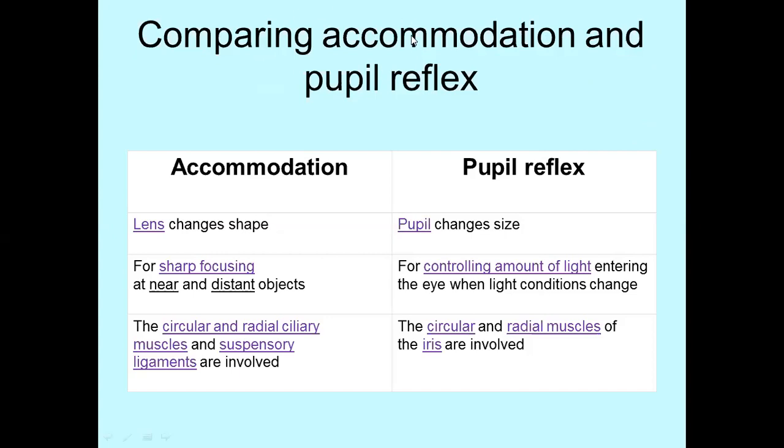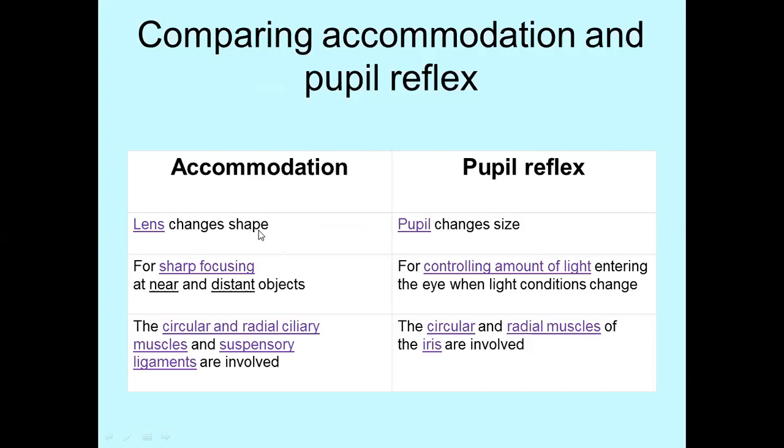There are always marks allocated for the heading. The heading needs to be complete for the information that is in the table. Then you need to have very clearly your column headings and possibly row headings. So a row heading here might be part which changes. And here it's the lens that changes, and there it's the pupil that changes.